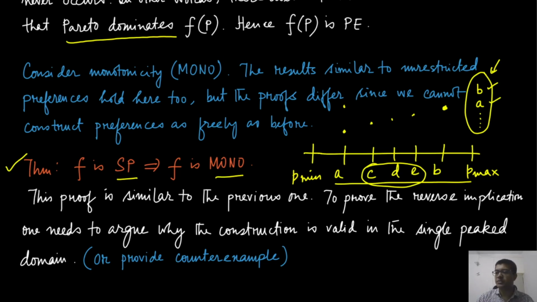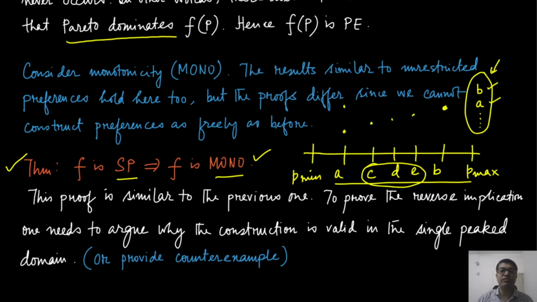This direction is easy to prove. You can check that the same proof we used for strategy-proofness implying monotonicity also holds in this context. The reverse direction, from monotonicity to strategy-proofness, I leave as an exercise.